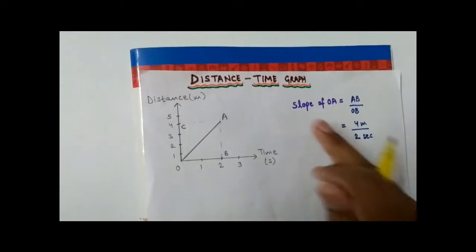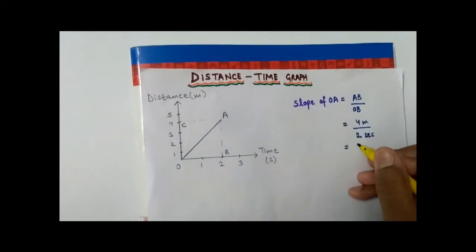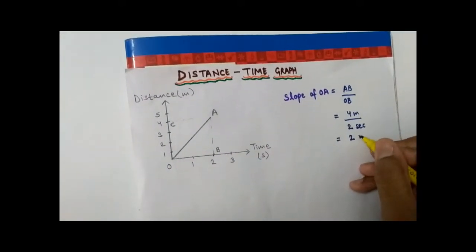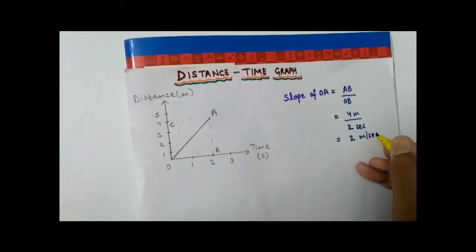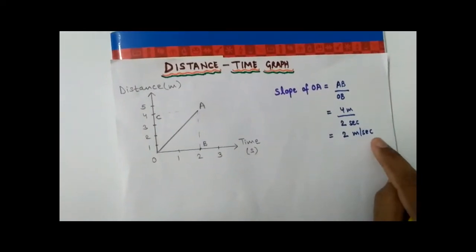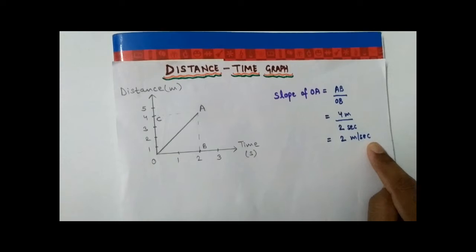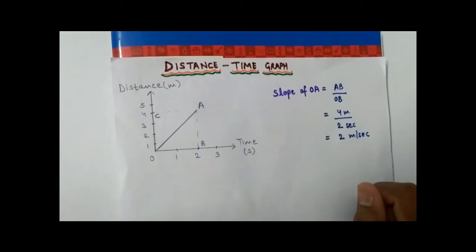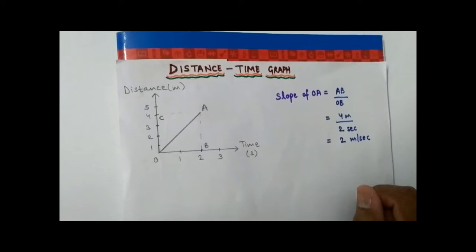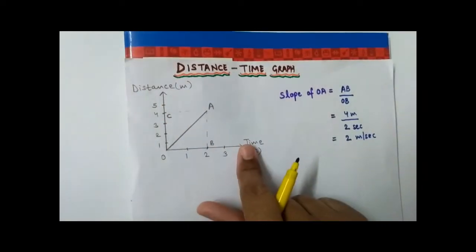So what will be my slope of OA? It will be 2. Okay, and this will come in meter per second, isn't it? Since it will come in meter per second, can we also say that it represents what? It represents the speed of a body in a distance time graph.